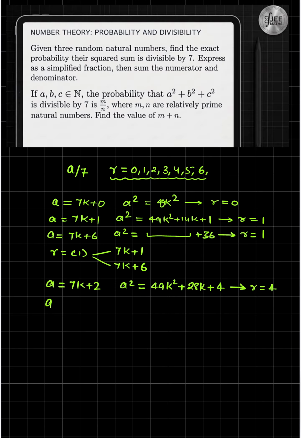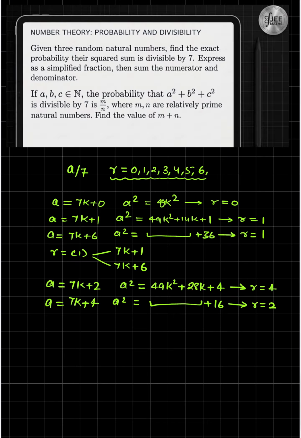Now if we choose a to be of type 7k plus 4, then for a square, these two terms will be multiples of 7, then 16. When we divide this a square by 7, this time we are going to get the remainder 2.